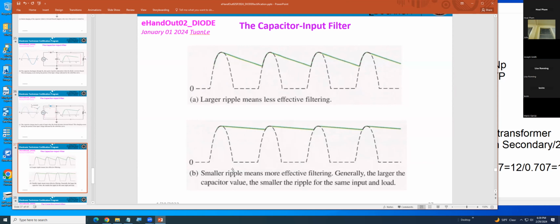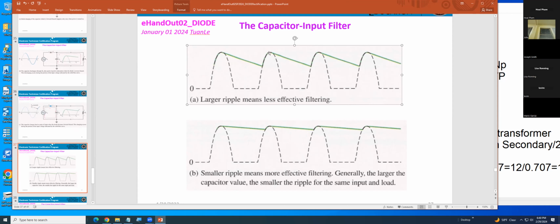Okay? This is what they call a ripple. What is a ripple? We already talked about ripple here. That means the capacitor charges up here, then they discharge.